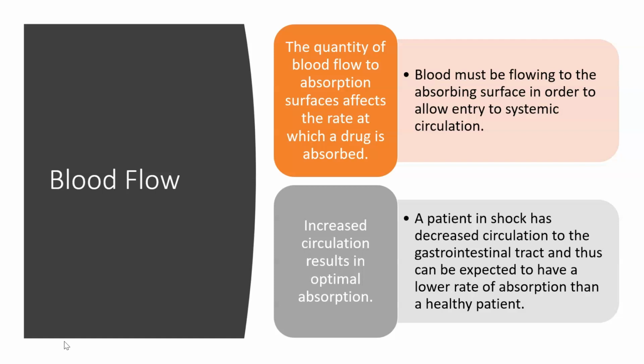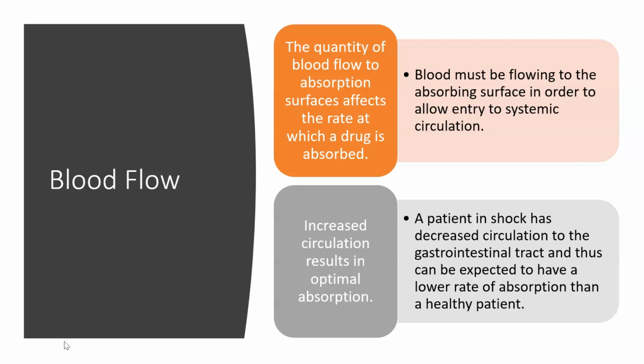So the real important thing is, you need to make sure you have blood flow. If a patient's in shock, their blood flow is, number one, reduced, and the heart rate goes up, yet there's no circulation going to the GI tract, okay? If you're giving medication for a patient that has necrosis of some sort, and you're trying to give a drug to increase circulation to that area, if it's dead, you're not going to get circulation to that area.